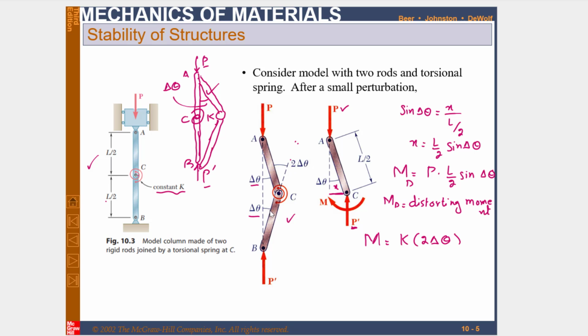This is theta and this is theta, so the total is 2 delta theta. Due to this torsional spring, the moment will be K into 2 delta theta, and this moment is known as the restoring moment. Why? Because this torsional moment tends to restore the system to its original position.